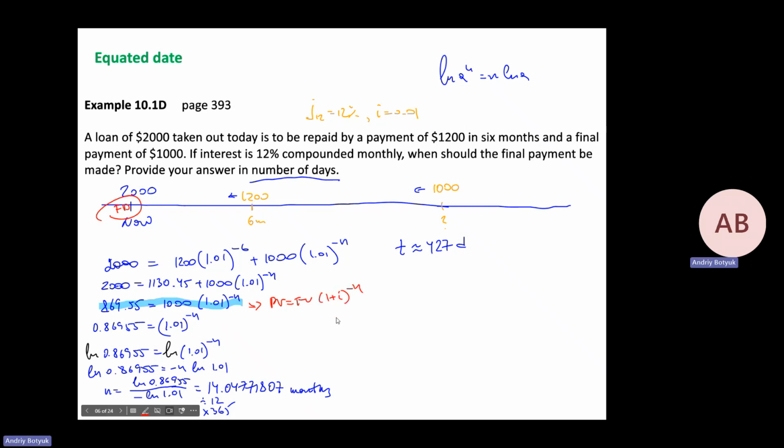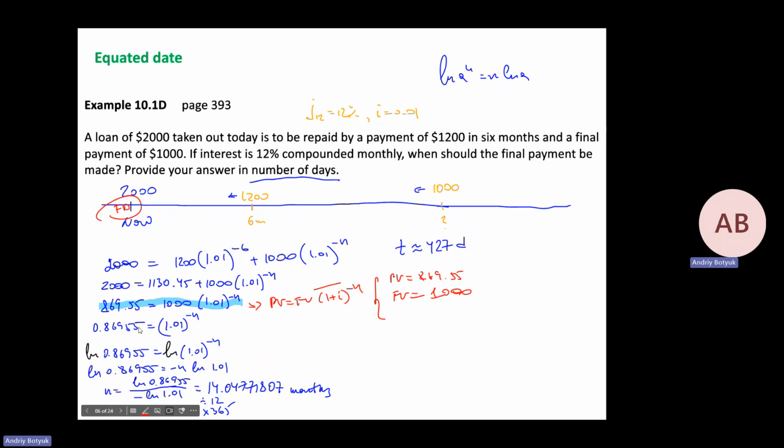That's why I can say that present value is 869.55 and future value is $1,000. Just make sure that this equation has future value more than present value. Otherwise, you will calculate a date in the past.